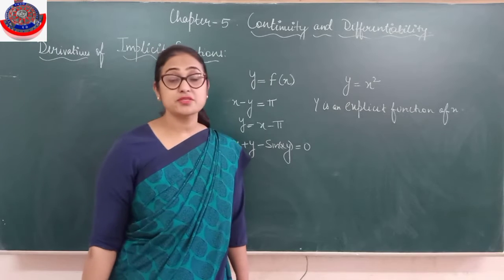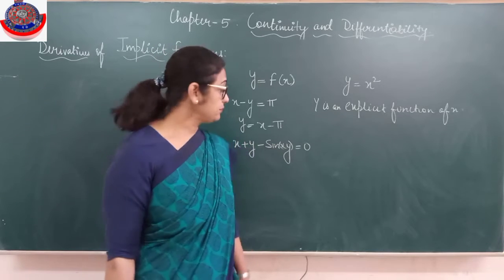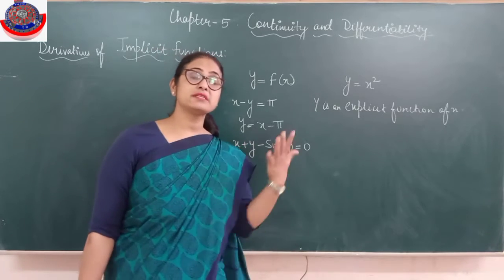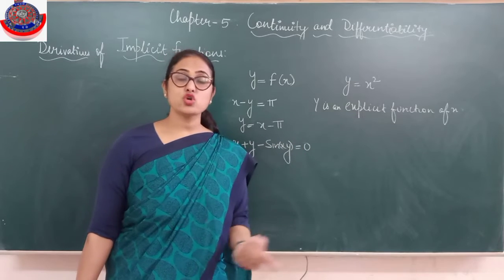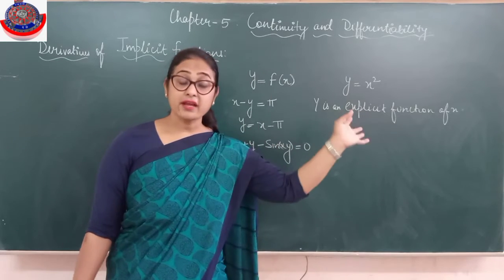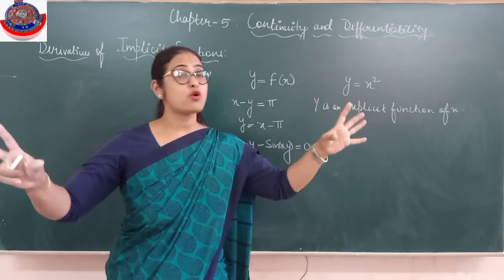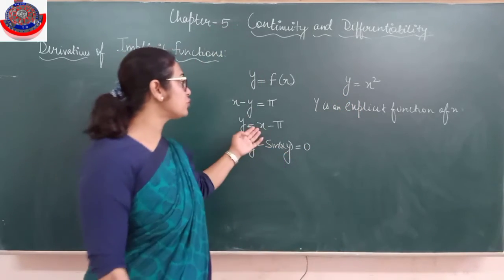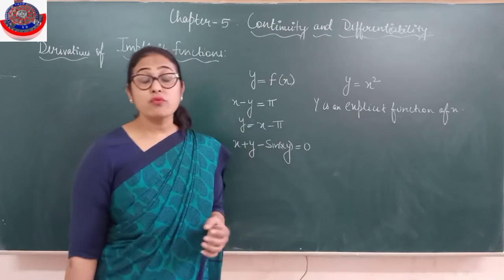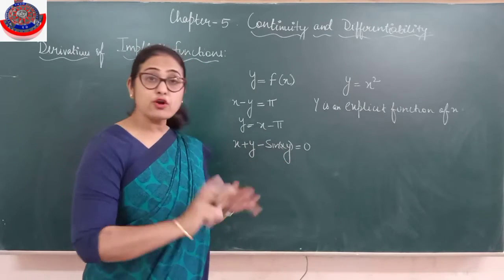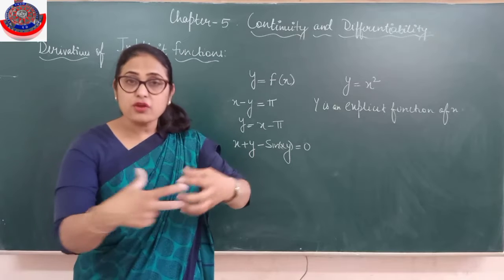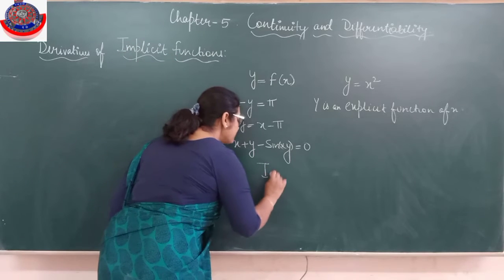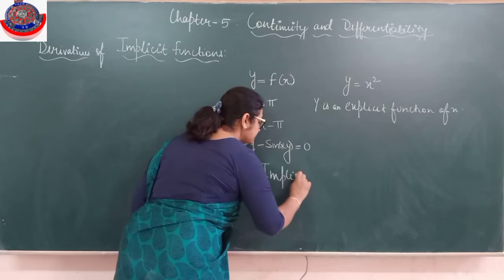I can't segregate y from x very easily. You may say open the formula, it will be sine x cos y plus cos x sine y, then to bring all the y's together is a little difficult. Here we could do it very easily, here it is difficult. So when x and y cannot be segregated, they are together on one side, that is called an implicit function.